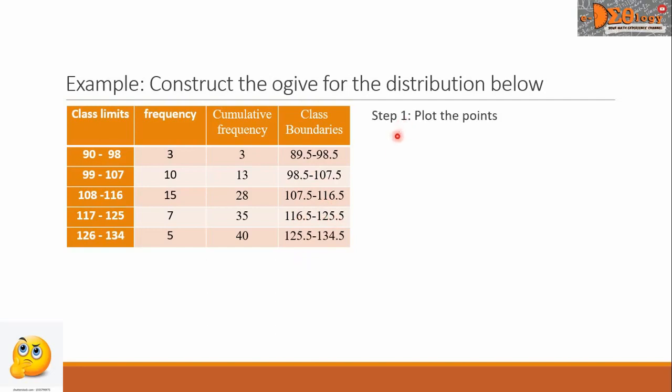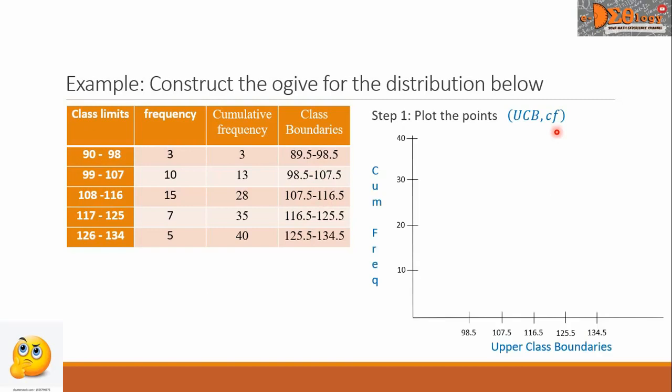For step 1, let us now plot the points. Take note that the upper class boundary is used as the x-coordinate, while the cumulative frequency is for the y-coordinate. It means that when we write our x and y axis, the x-axis represents the upper class boundaries, while the y-axis represents the cumulative frequency.